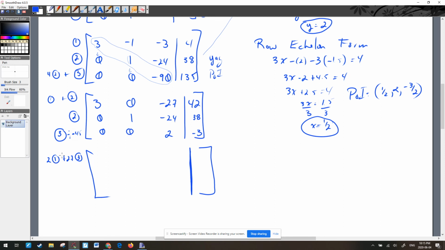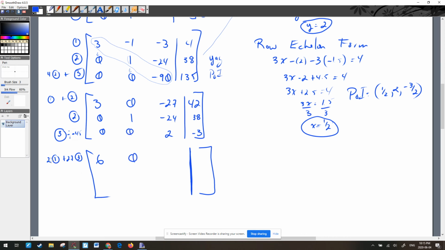So 2 of row 1: 2 times 3 is 6, and then I add 27 zeros, so it's still 6. Then 2 zeros are 0, and 27 zeros are 0. Add those zeros up, we get 0.